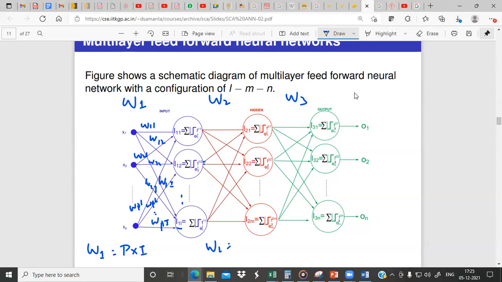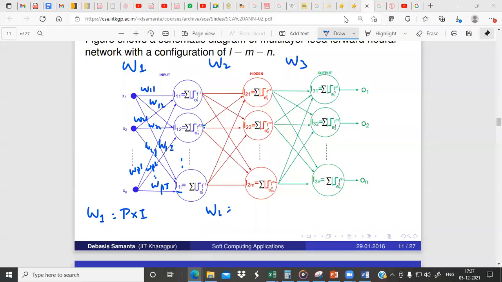So the size of this weight matrix will be I into M. It has I rows and M columns. Here we have to use some other variable, because we are already using W11 and cannot use it again.